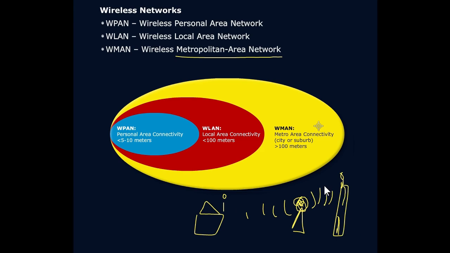So in a metropolitan area network, city or suburb and this sort of thing, we actually have service providers giving out wireless network access to be able to get out to the internet, right? Because this access point is essentially going to have its wire connecting to routing services that will then provide the ability to access the wired infrastructure of that, get on the fiber, get on the OC lines, right? Be able to connect that out. So this is a way to distribute data as well.